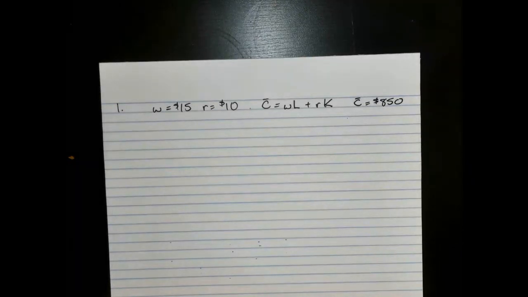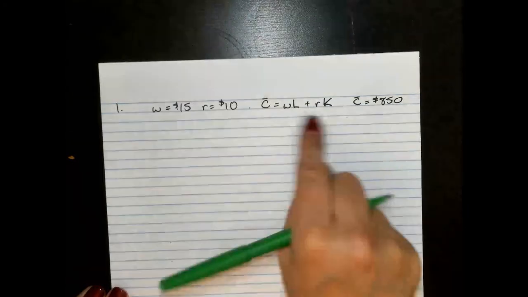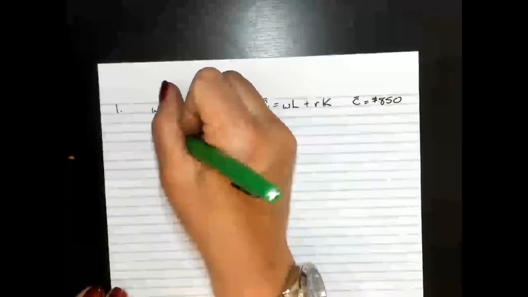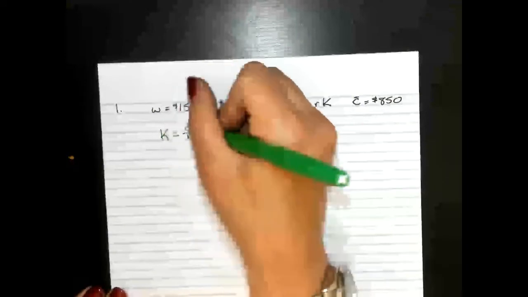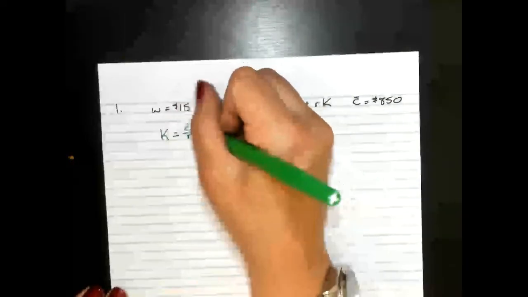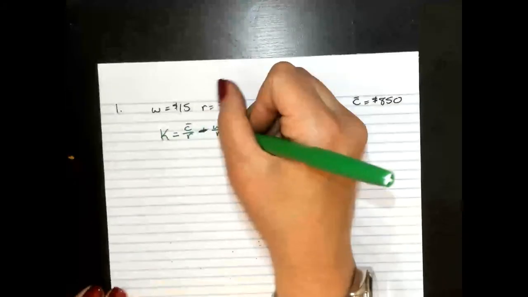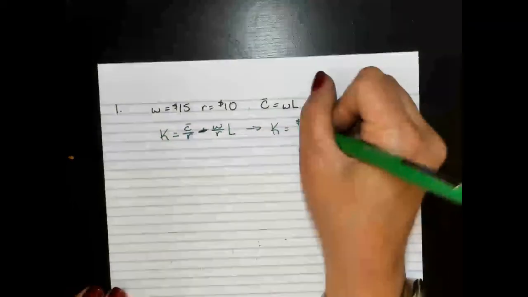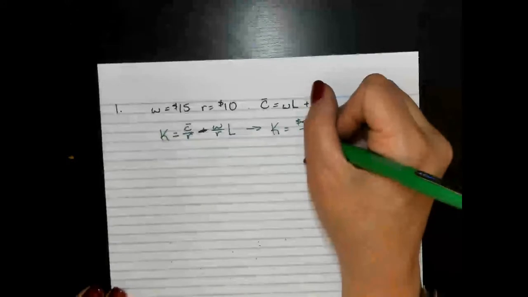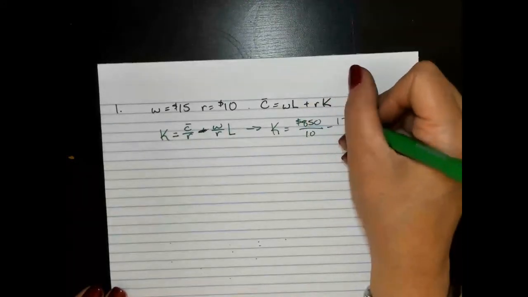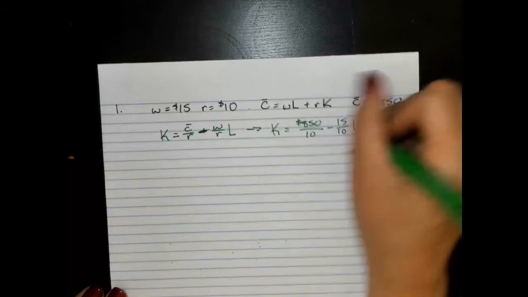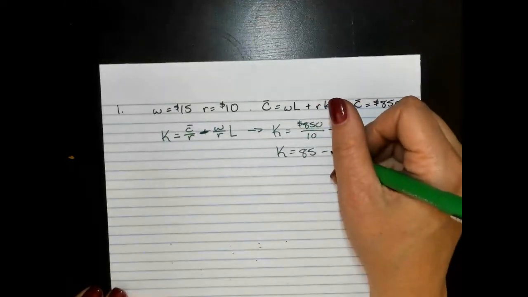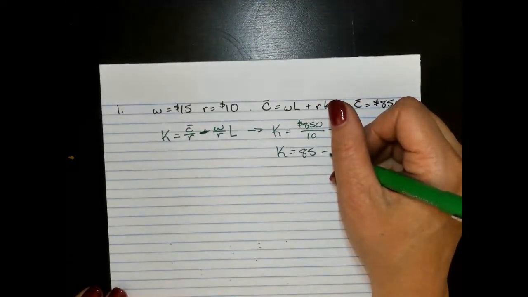We can use the formula that I gave you in the hint and just solve this for K in terms of C, W, L, and R. That's going to be K equals C bar over R minus wage over rent times L, which in this case is going to be K equals 850 divided by 10 minus 15 divided by 10 times L, which simplifies down to 85 minus 1.5L.